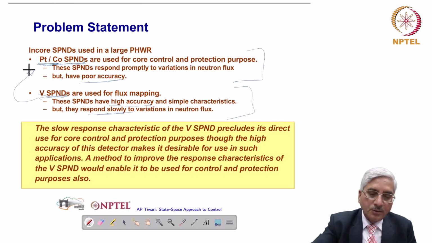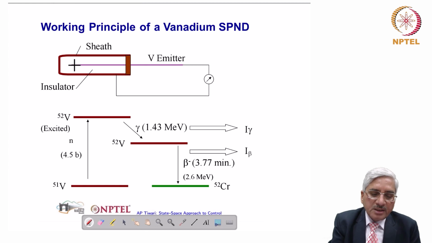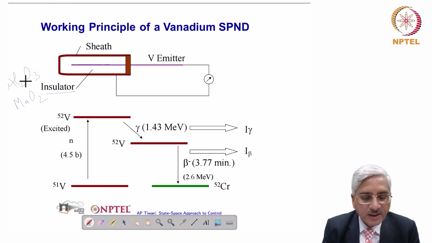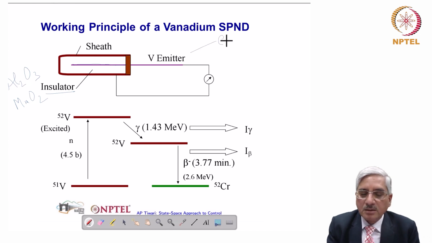Now we see the construction of a self-powered neutron detector. There is one emitter, and there is one insulator, which is either manganese oxide or alumina. There is an insulator around that emitter, and as I told, this emitter could be made of cobalt or platinum or vanadium or rhodium.